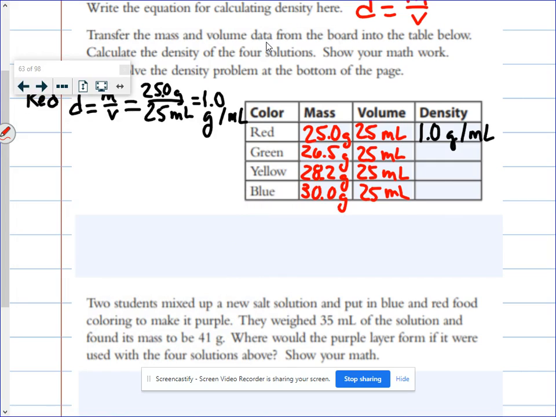So that's the number that I actually want to see for green. Okay, 1.06 grams per milliliter. Yellow should be 1.13. And our blue should have been 1.2 or 1.20.